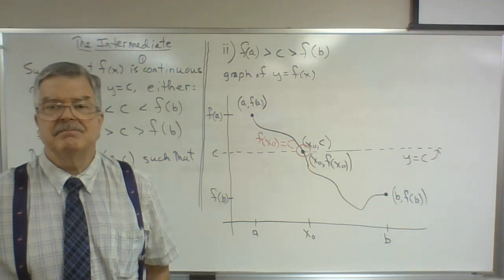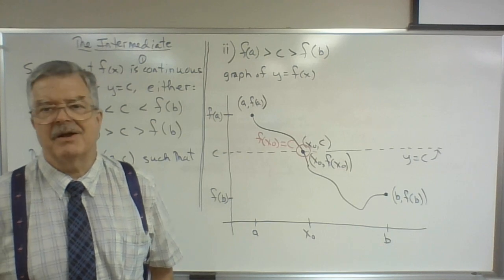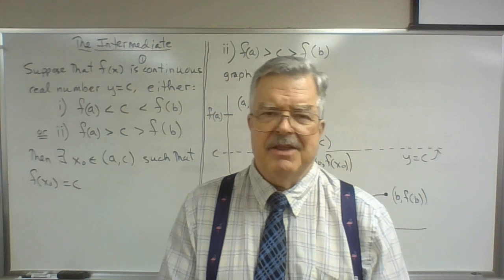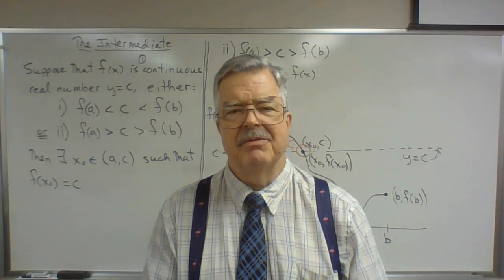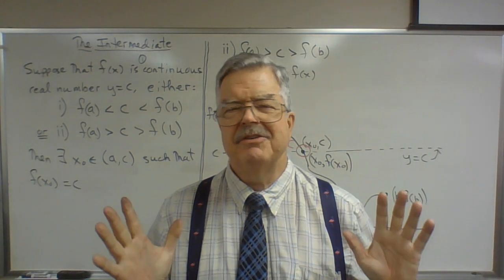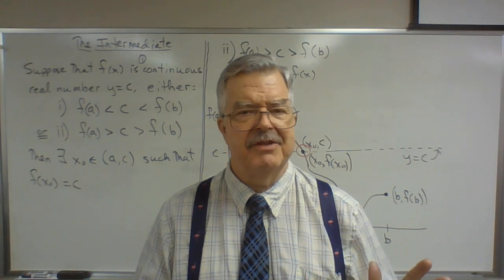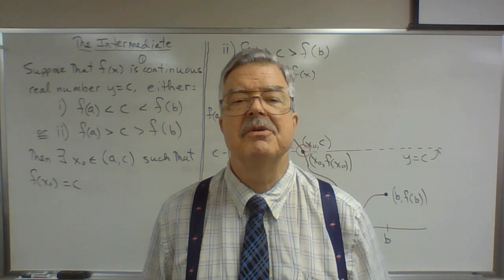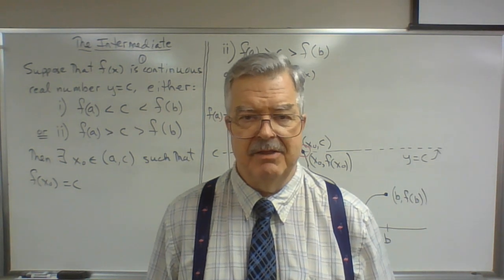And are we done? Nope, not quite. We want to look at a special case of the intermediate value theorem that is tailor-made for the bisection algorithm, which is what we're working on. So let's look at that special case.